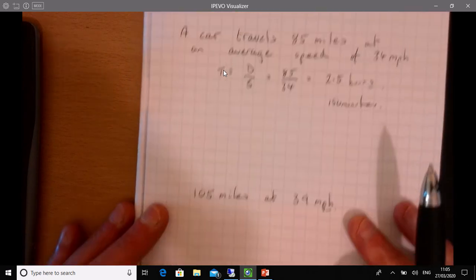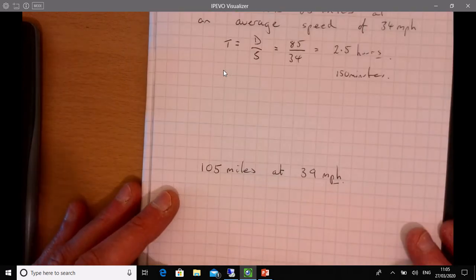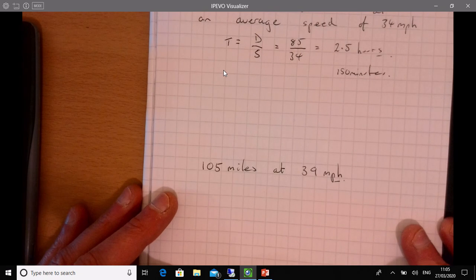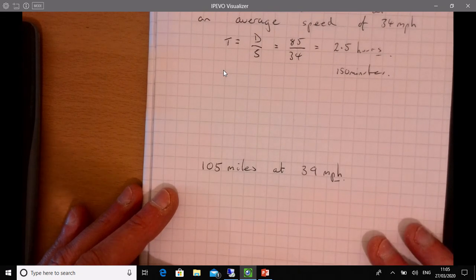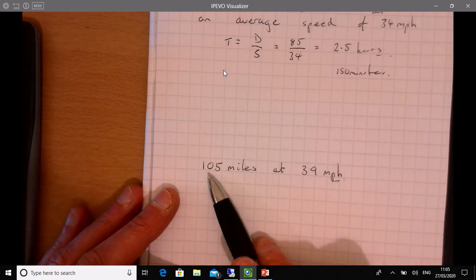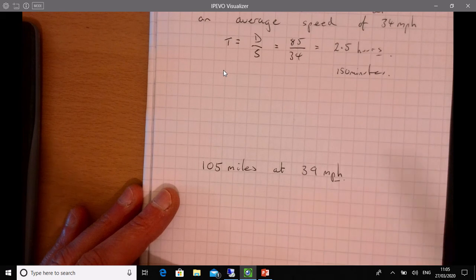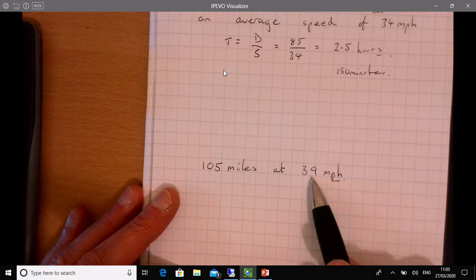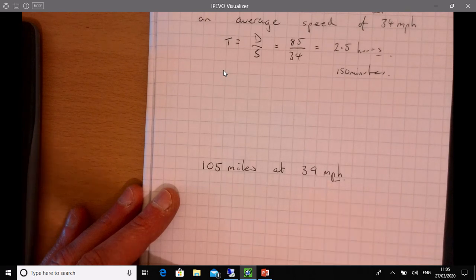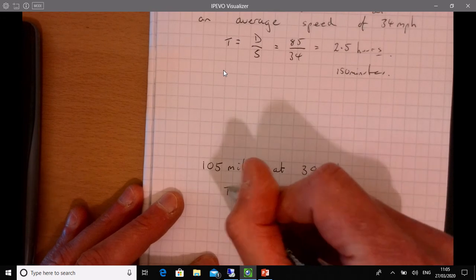Right, just the last one. The only reason I'm giving you this question is that the numbers are slightly awkward. So we've got the distance, 105 miles, and the speed is 39 miles per hour. So time equals.